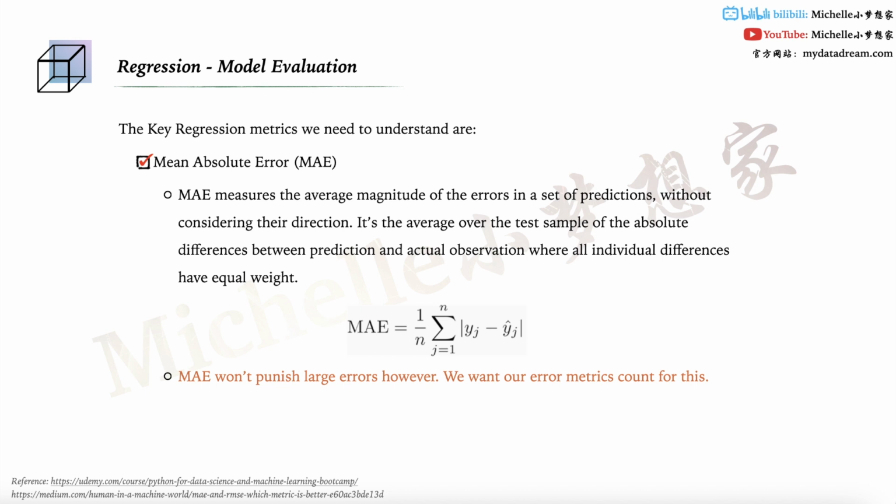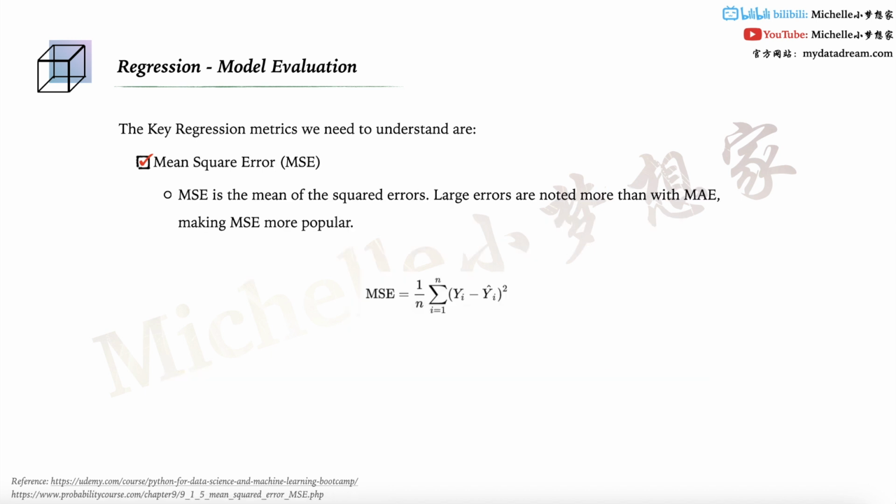Or in other words, what if we want to add more penalties for large errors? At this time, we will introduce the next metric, called mean squared error, or MSE for short. From the calculation formula, when we find the average, we do not simply use the absolute difference between the predicted value and the true value, but first square the differences before calculating the average.